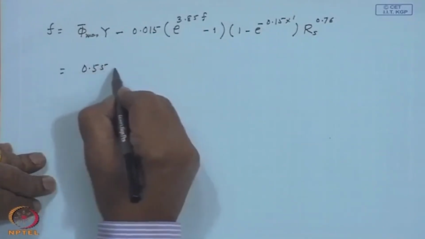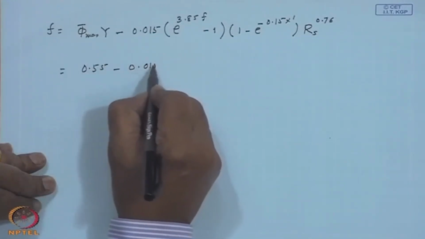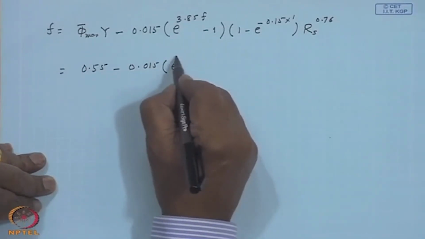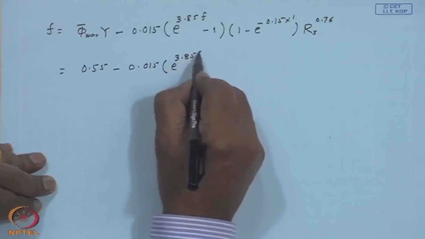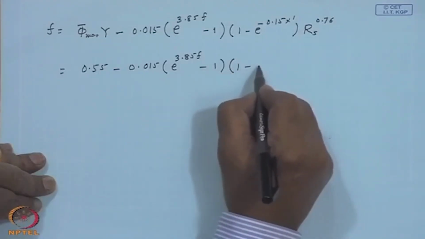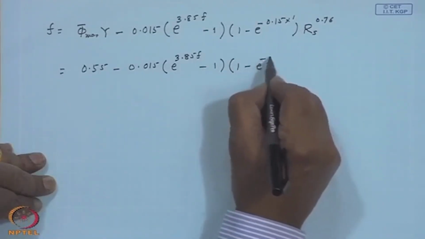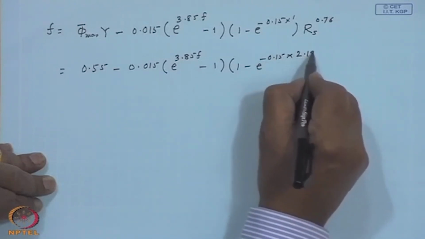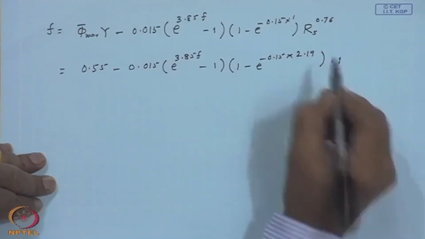0.55 minus 0.015 times e to the power 3.85 f minus 1 (this is not known, because f is not known), times 1 minus e to the power minus 0.15 into x dashed, which is 2.19 into 1.